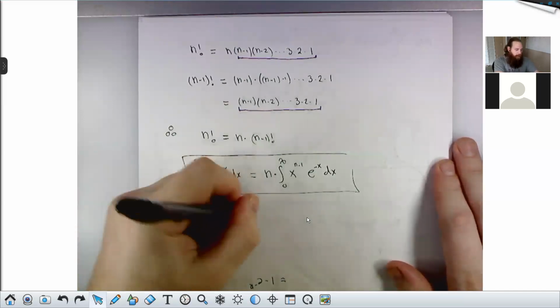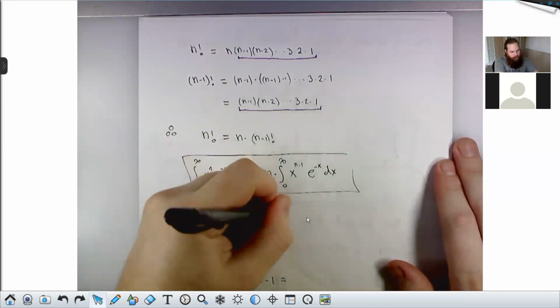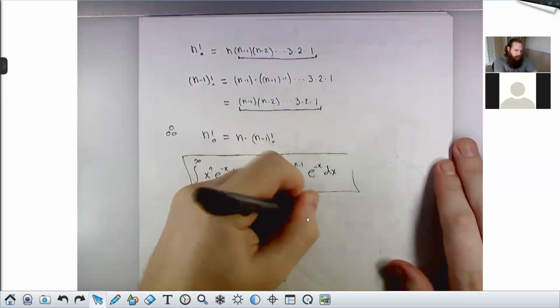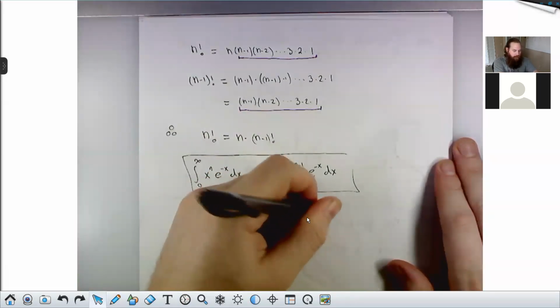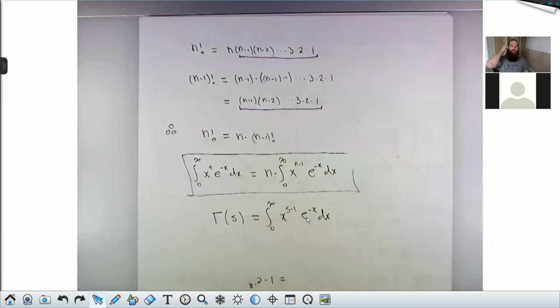So gamma of s is the integral from 0 to infinity of x to the s minus 1 times e to the minus x dx. And this is the function that Euler invented. It's very, very similar, you see, to the function above, only we've got s minus 1 instead of n.